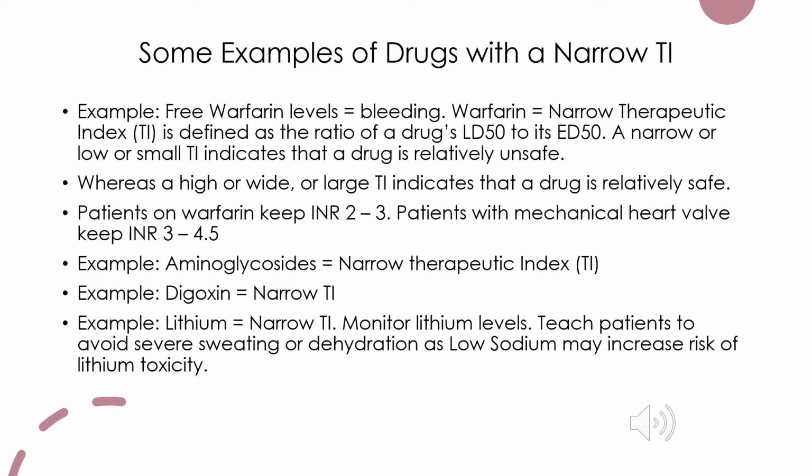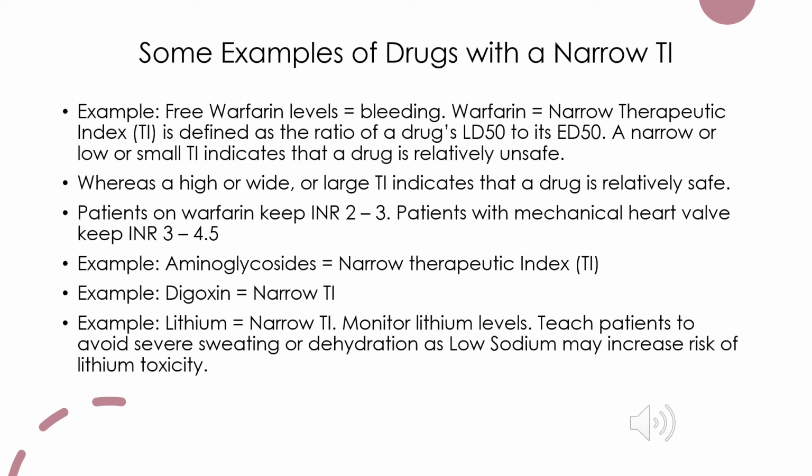To avoid variation in testing methods, a system called the International Normalized Ratio, or INR, is used to standardize PT, or prothrombin time, reporting. In a person who is not receiving anticoagulation therapy, the normal INR is 0.9 to 1.1.